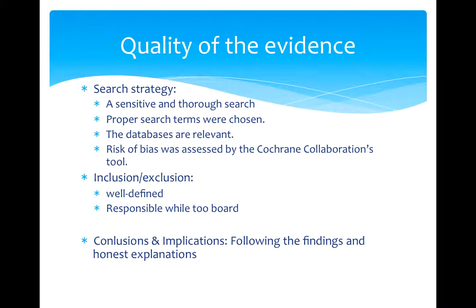For example, they used Achilles tendon, tendinopathy, tendinosis, tendinitis, tendon, exercise therapy, eccentric training, etc. The databases are also trustworthy, which are Medline, EMBase, CINAHL, etc. Risk of bias was also assessed by the Cochrane Collaboration's tool.